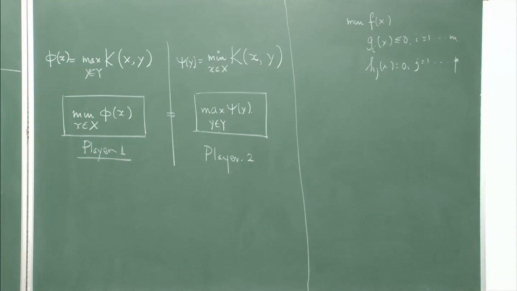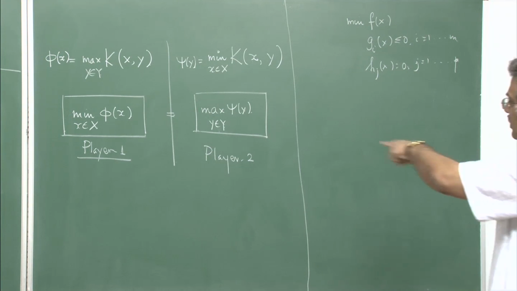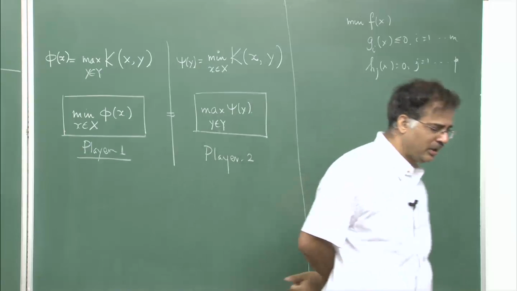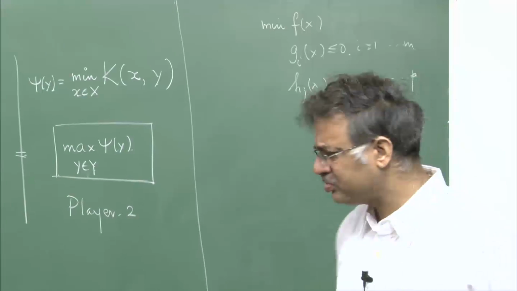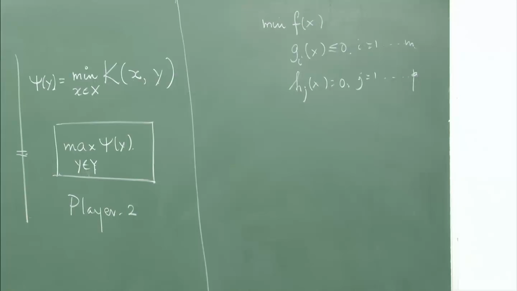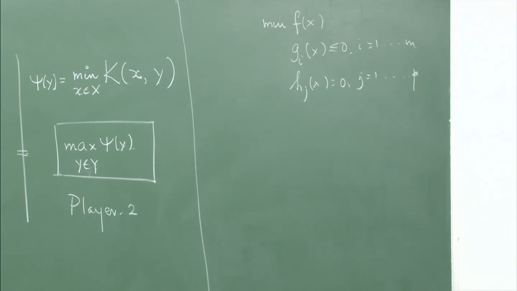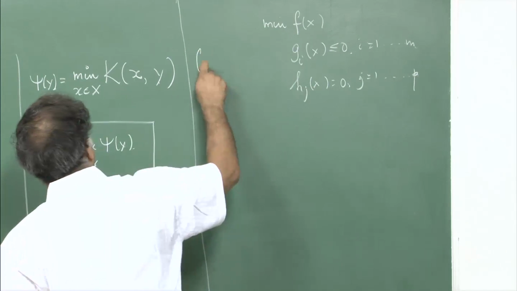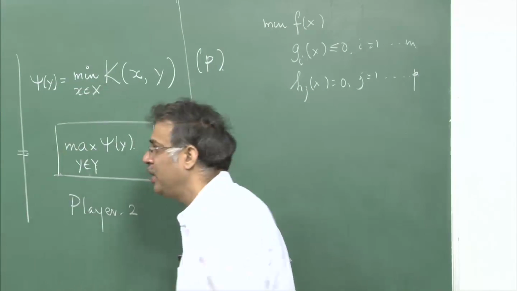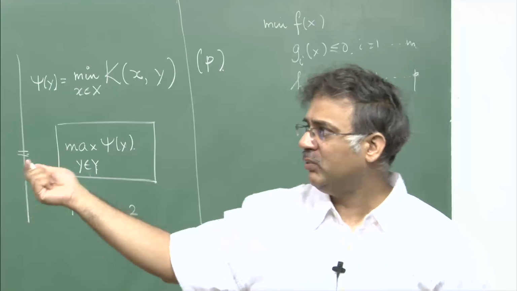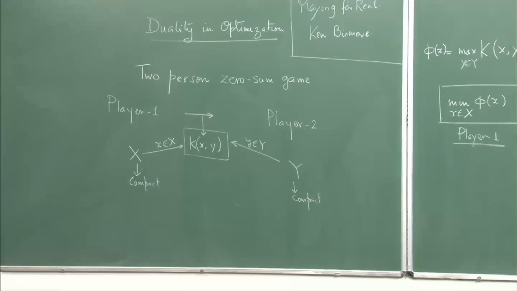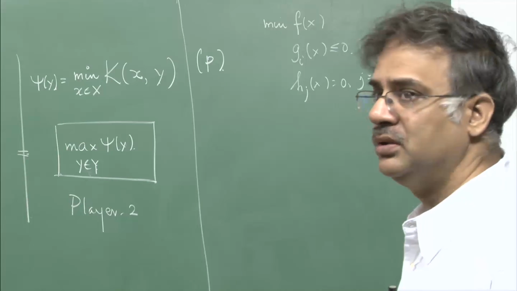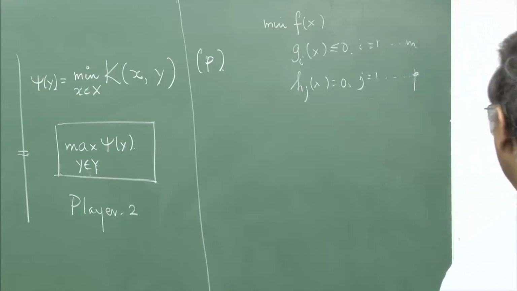Basically, you are trying to imitate this whole process that we have described just now for a standard mathematical programming problem. Now, the question is, if you want to do so, you want to know what your payoff function would be. What is the analog of k(x,y) that you know for the games? What is the analog for the mathematical programming problem?